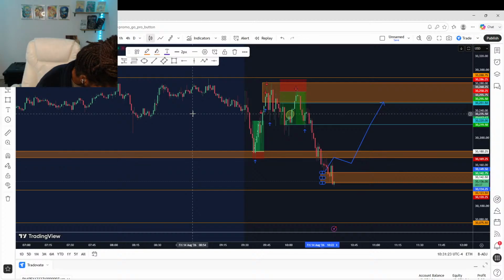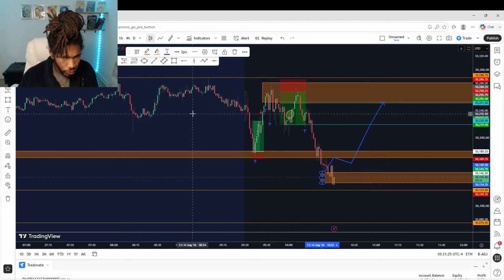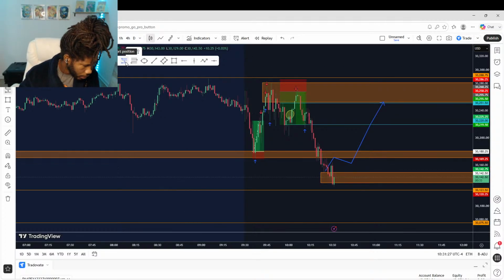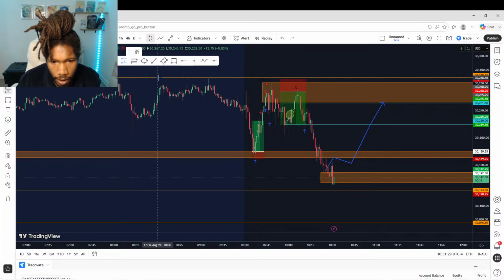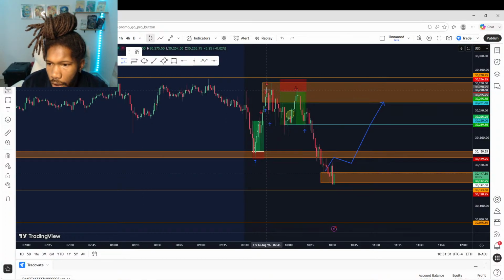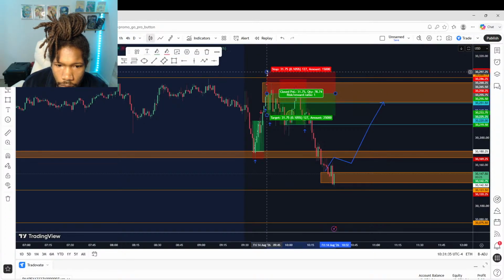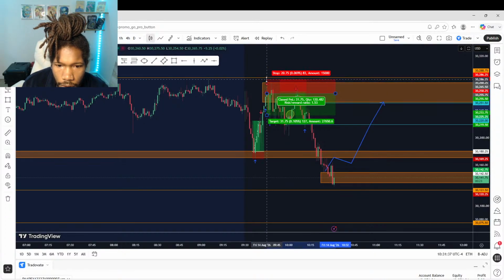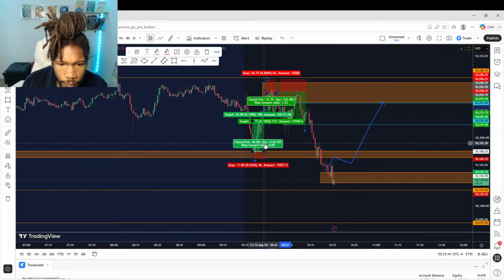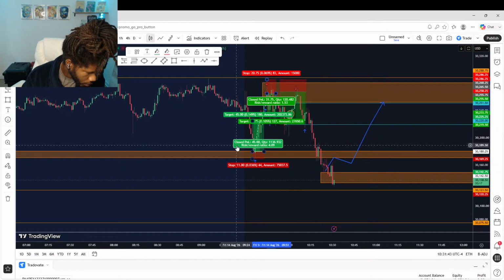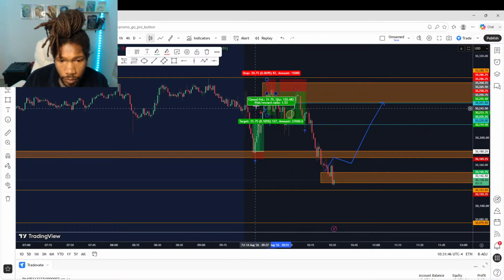All right. Then I sold at 265 right here. The stop was above here. And quick scout 265 at 229.